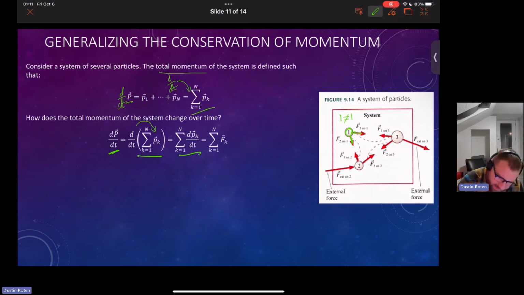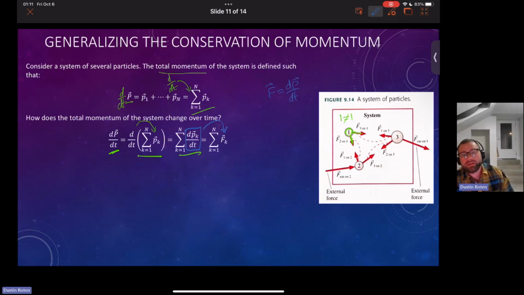Now wait, let's look at this. We have a definition here. This is just saying for our kth particle, first, second, third, 27th particle, whatever k is, whatever particle we're looking at, dp dt for that particle is just the force acting on that particle. Remember, we can rewrite Newton's second law like this.